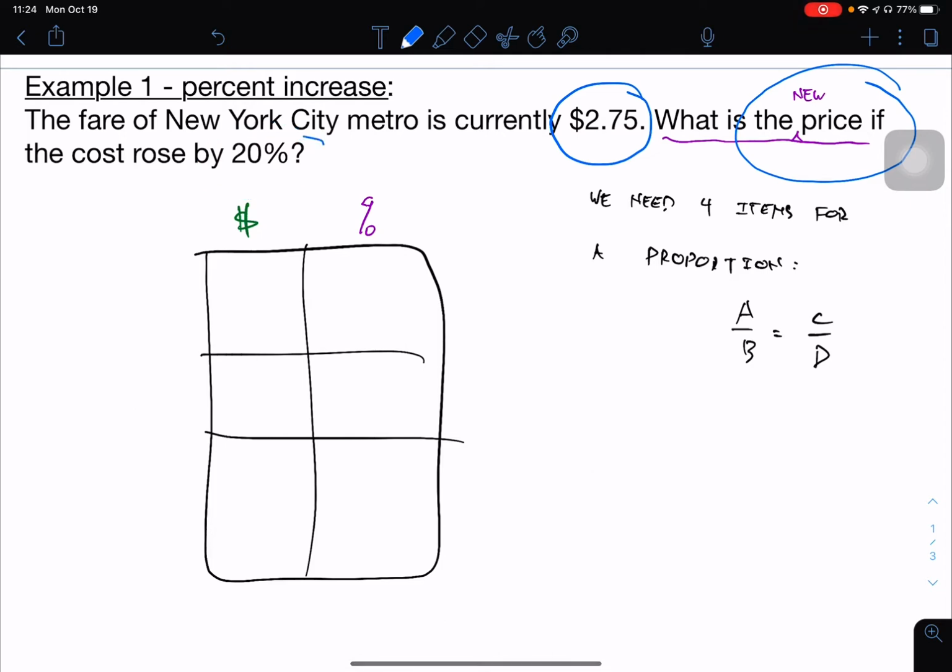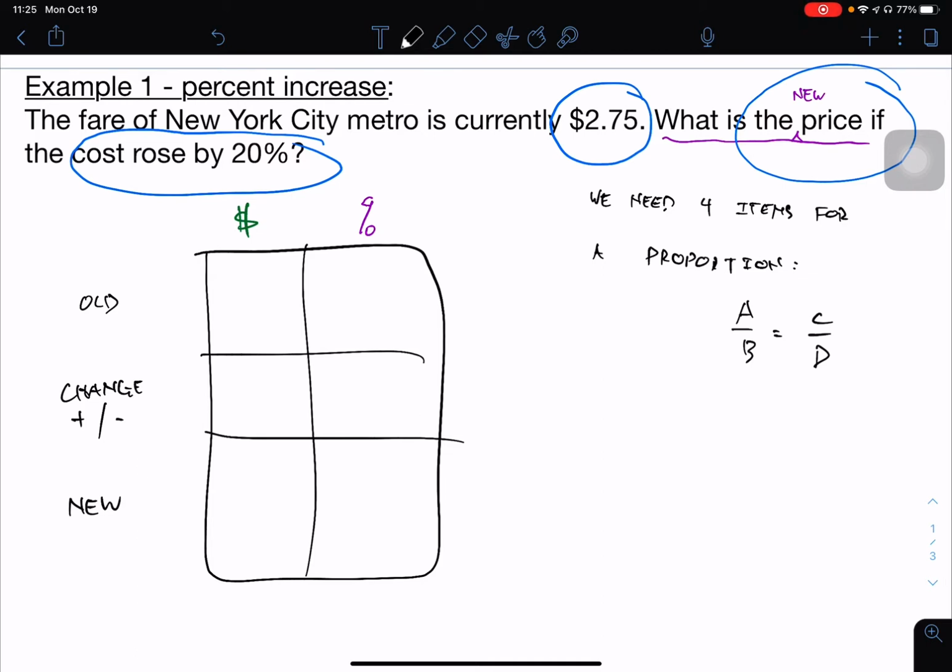Not only 20%, but rose by 20%. So those are our 3 pieces of information. A dollar amount, some dollar new price, and some percentage, a rise by 20%. And remember, on the left, you would write old, change, and new. Under the change, you want to write plus or minus so it can help dictate which way you go.